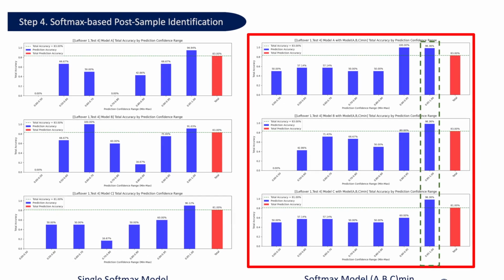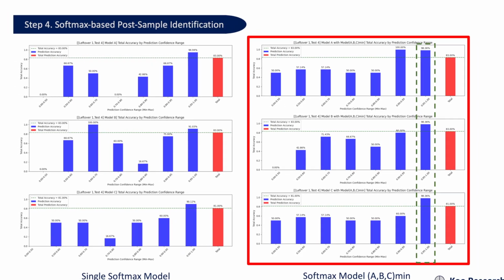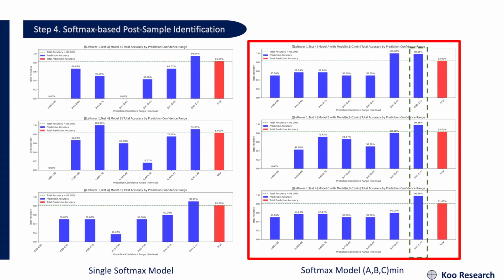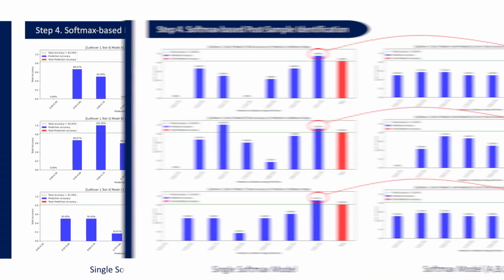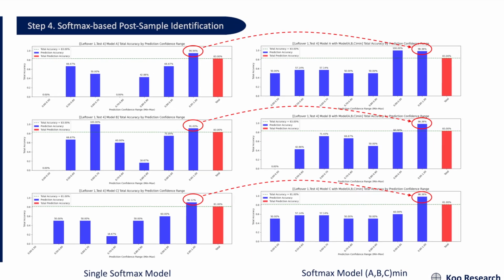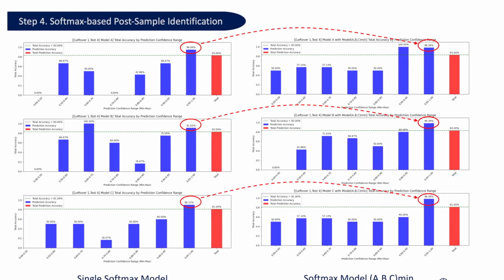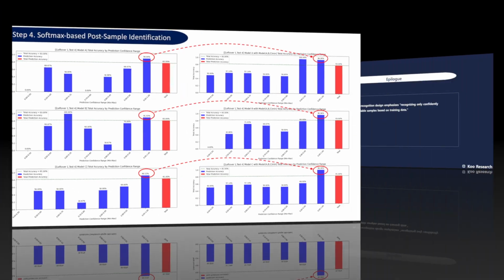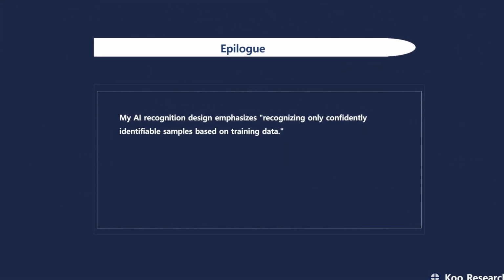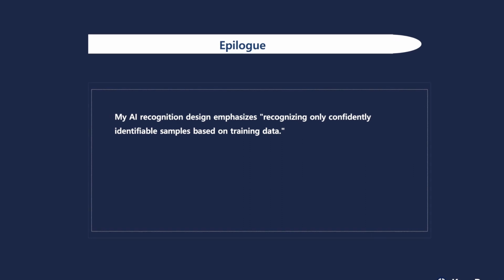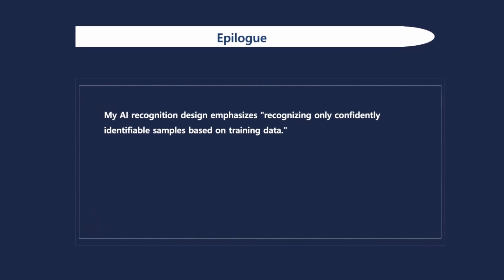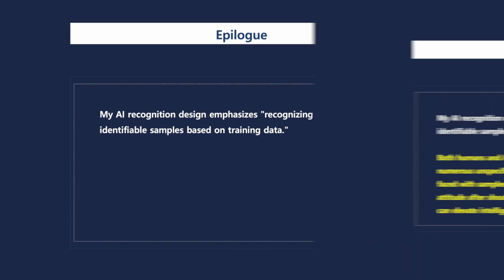Particularly, the blue bars within the green box, 0.95 or higher, signify higher accuracy than the overall. When comparing prediction accuracy between the single softmax model and the lowest value among the 3 models, the latter outperforms the single model.